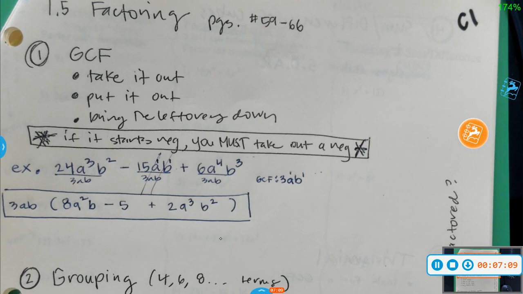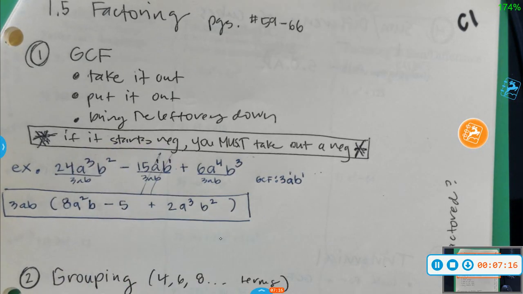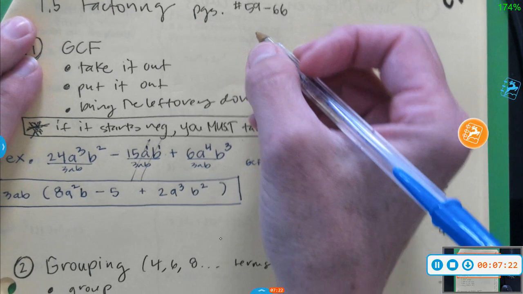Okay, I'm going to do one more, and this time I'm going to have a negative in front of it, because if you look at this rule right here, if it starts with a negative, you must take out that negative. So let's do one more. I'm going to squeeze it up here.